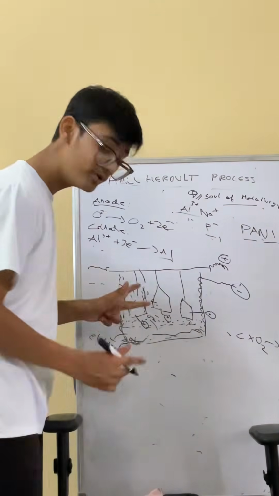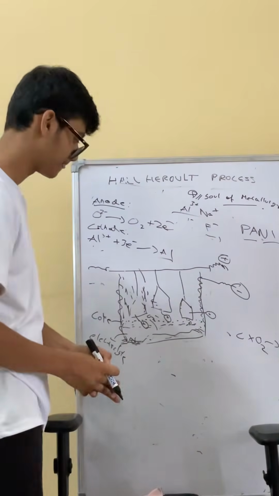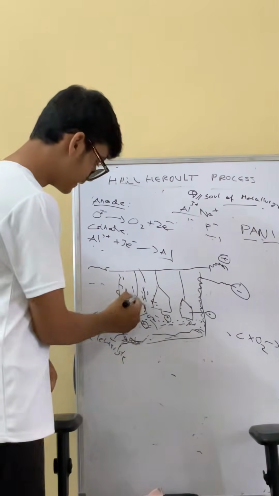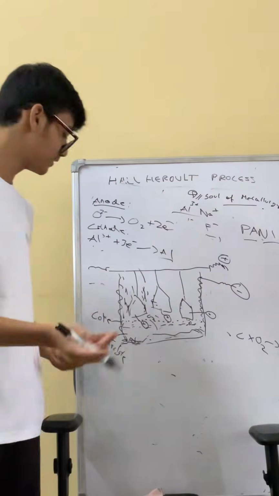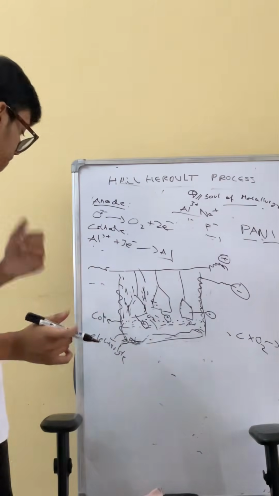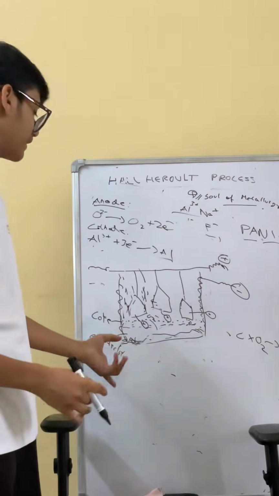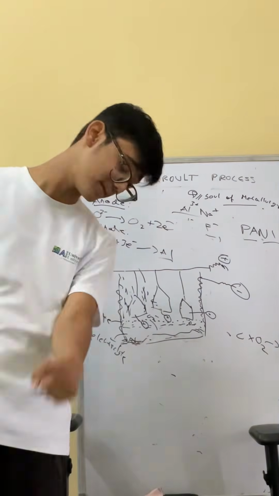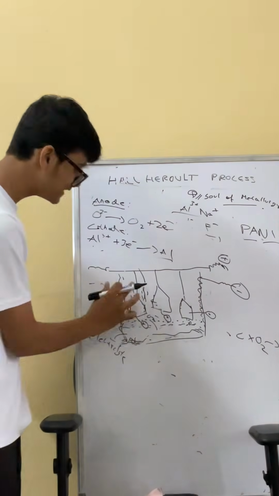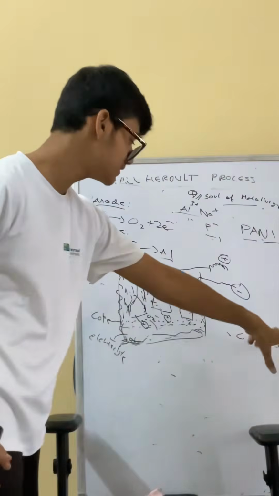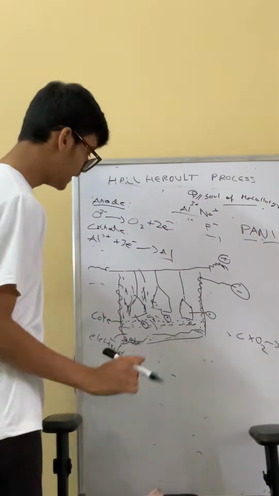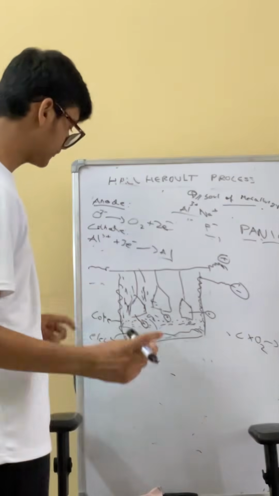So this anode will decrease in mass. So you will need to change the anode every few runs, right? The industry needs to take care of that, and you also, because that will be on your exam. This is why the anode decreases in mass: the carbon and oxygen react to produce carbon dioxide.